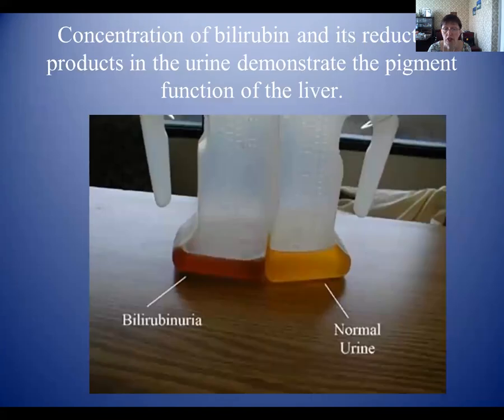Here we can see change of the color of the urine due to dysfunction of the liver, and we can see that urine becomes dark in case of a high level of bilirubin or bile pigments in it. And here is normal urine for comparison.